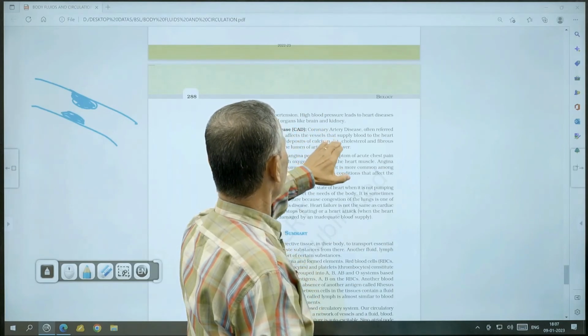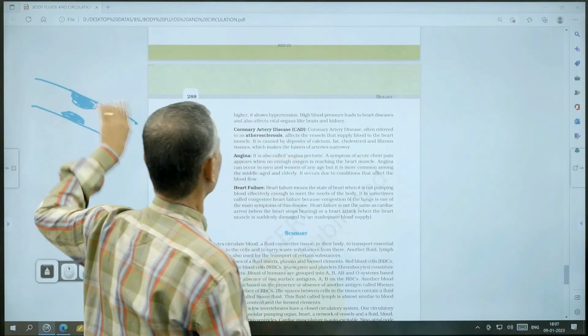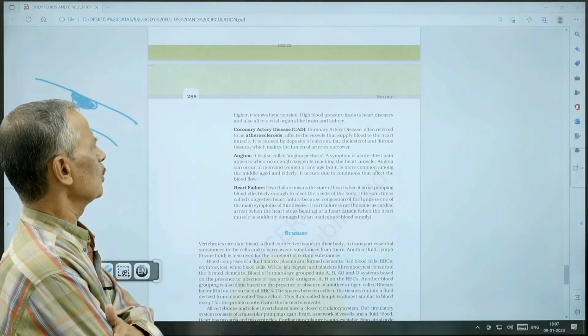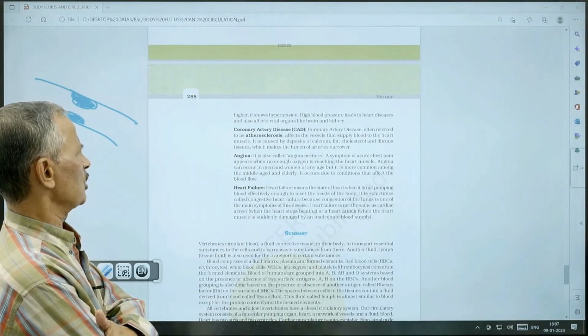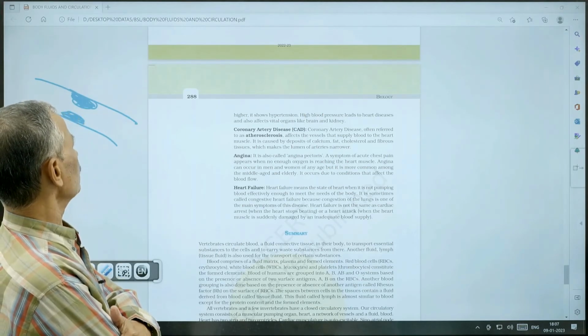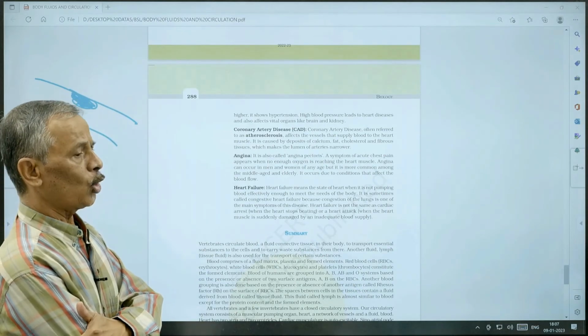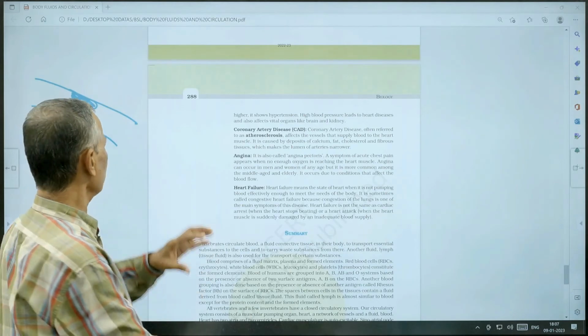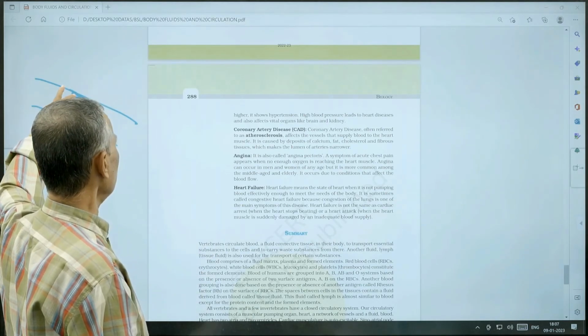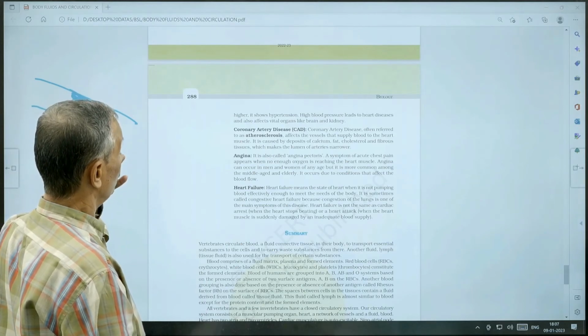That reduction in the supply of blood to the heart muscle is caused by a deposit of calcium or fat or cholesterol or fibrous tissues that makes the lumen narrower. This condition is called coronary artery disease or atherosclerosis. You have deposits that narrow the blood vessel so that blood supply to the heart will be very much reduced.